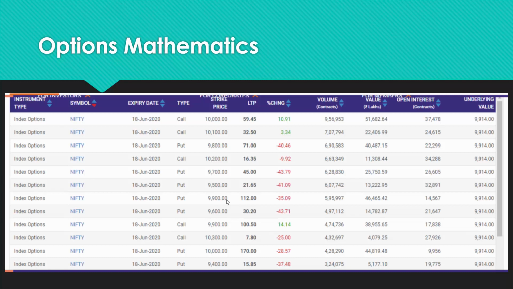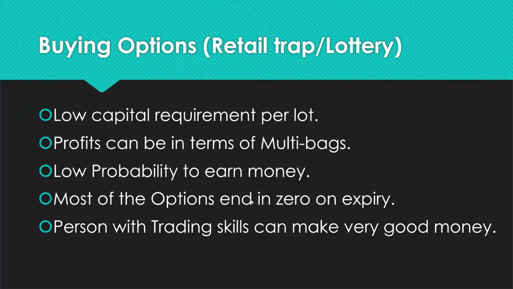So put 9900 was trading closer to 60 to 65, and now it is trading at 112. Like a 100 point move in a day is almost double your money. So this is the kind of returns you can expect.